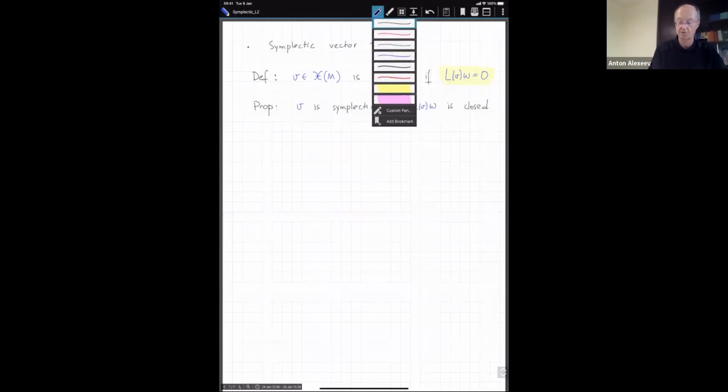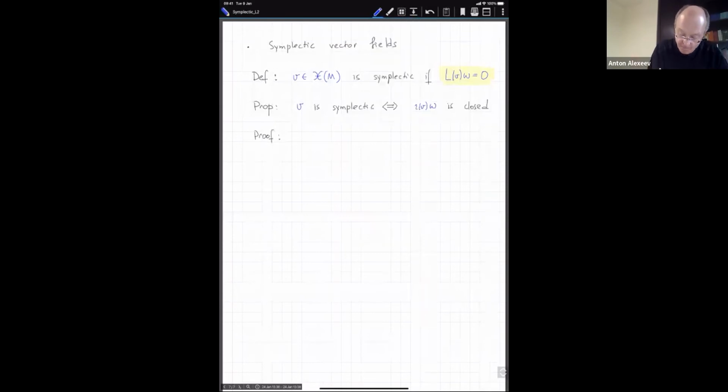Also a one-line proof. L_V omega is d iota_V omega plus iota_V d omega.